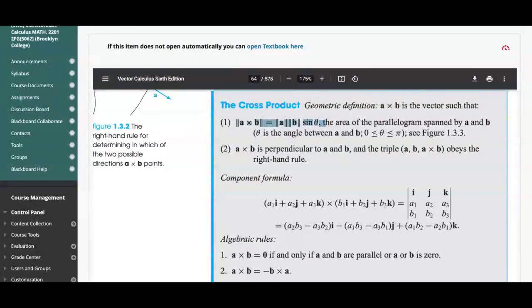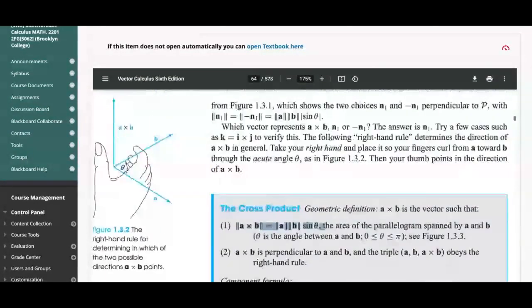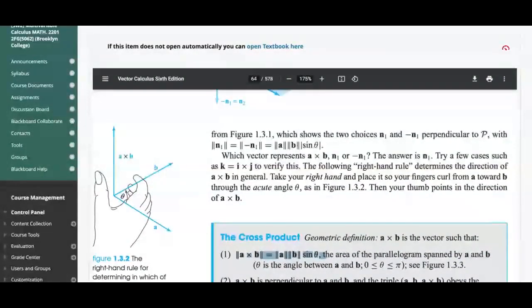So we get A cross B. A cross B is another vector, and this vector is called a normal vector. It's a normal vector perpendicular to A and to B. So this is the picture. We have B vector, we have A vector, so this is called a right-hand rule.